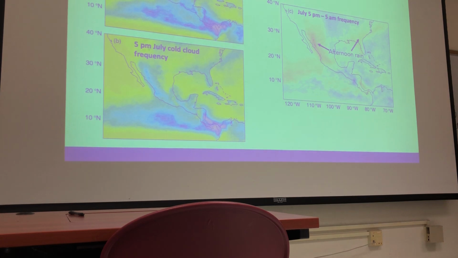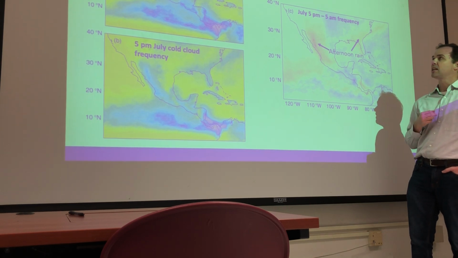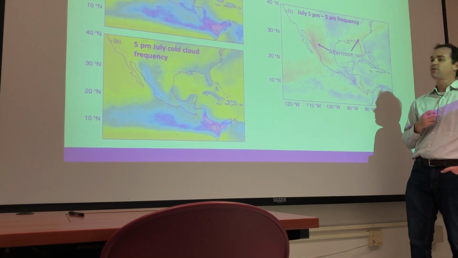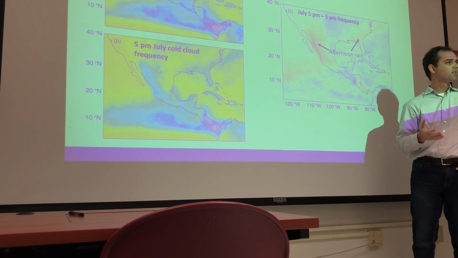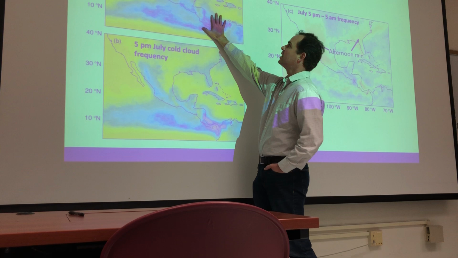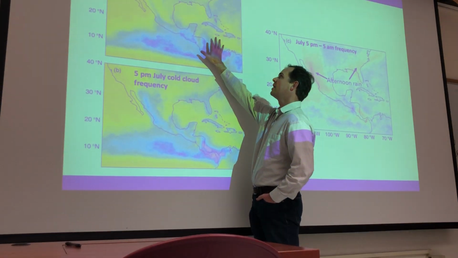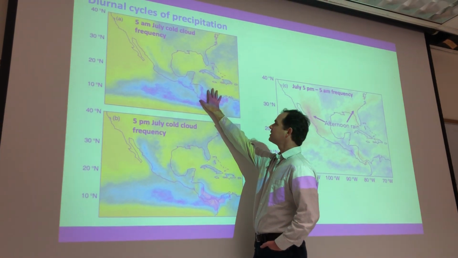So let's just look at this in a couple of other examples. This is one way of using remote sensing data from satellites to figure out where you have important land-sea breeze circulations. So this map up here is showing where you are most likely to have clouds at 5 a.m., so at the end of night.